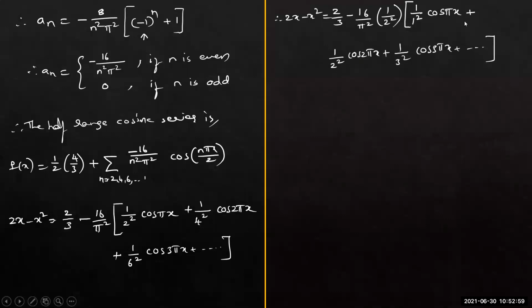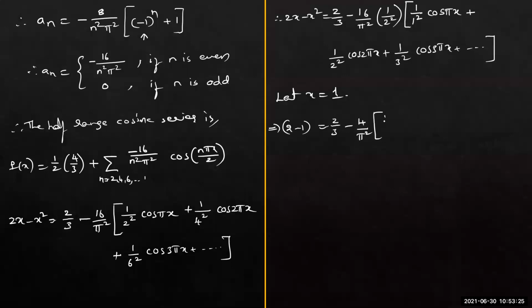So to get those terms, I'm simply taking x equals 1. Let x equal 1, taking x equal to 1 on both sides. On the left side, we'll get 2 minus 1 equals 2 by 3 minus 16. We can divide this: 1 by 2 square is 4, and 16 by 4 is 4 by pi square.